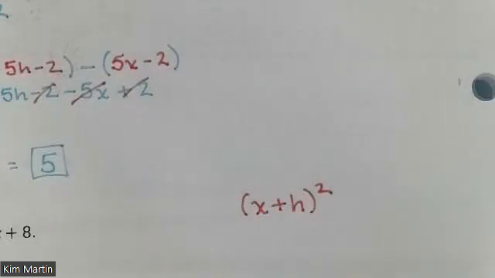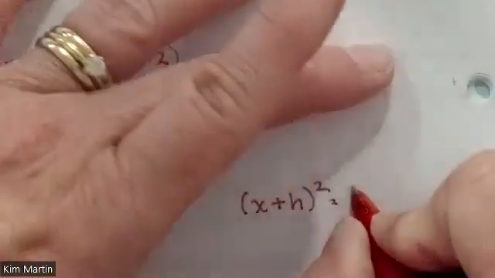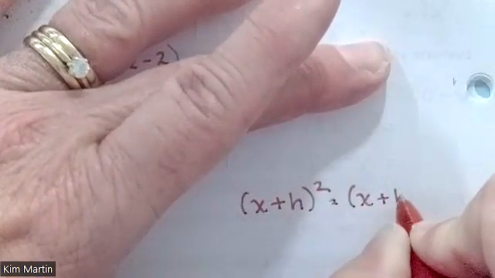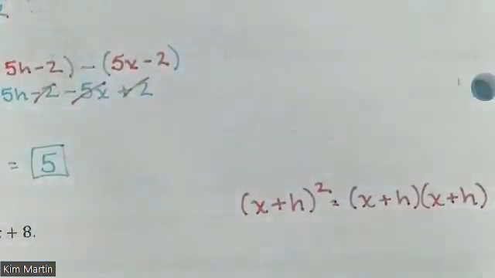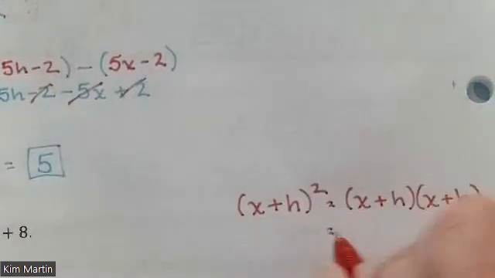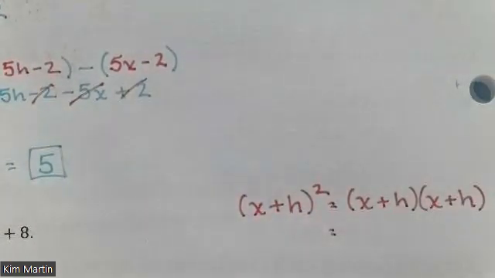Now, if you have x squared plus h squared, it's wrong. It does not give you x squared plus h squared because this is what it means. It means x plus h times x plus h. So use FOIL there. And when you do that, I'm just giving you the final answer.